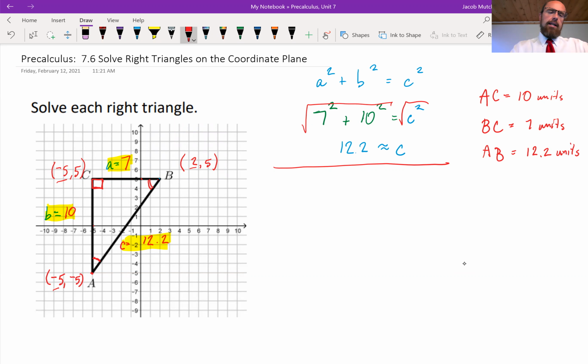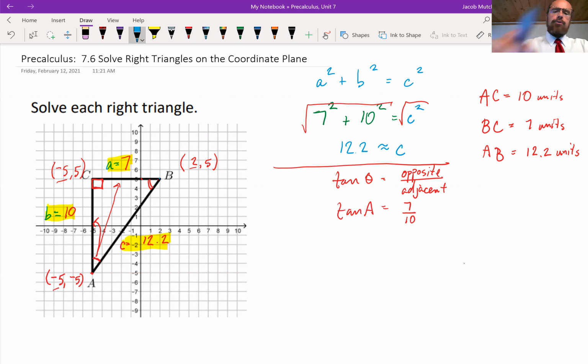So here from side A, I know that the length of side A is 7. That's opposite vertex A. And then side B is adjacent. So I'm looking for a trig ratio that's opposite over adjacent. And that for me is going to be tangent. Remember, that's the way we define tangent of theta. So we'll say that the tangent of A equals opposite 7 over adjacent 10.